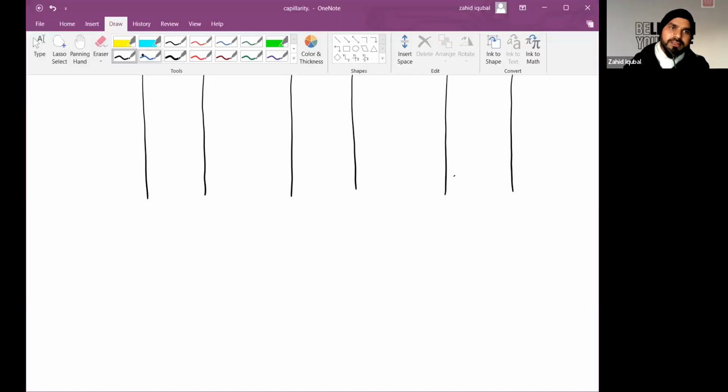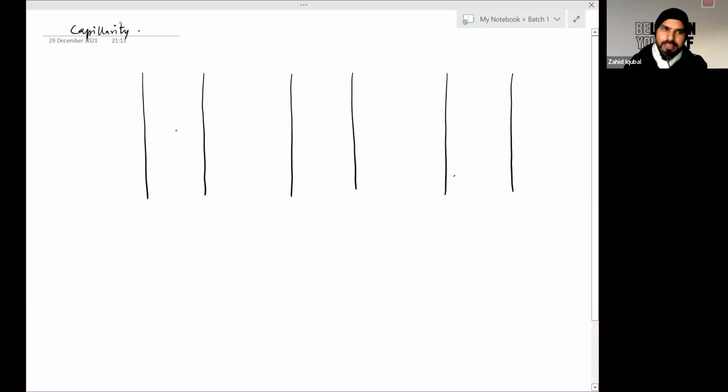In the first part, if you dip this particular capillary tube in water, the shape of the meniscus of the liquid will be like this. In the second part, if you insert a glass tube in rose water, the shape of the meniscus will be like this. And in the third part, if you insert a glass tube in mercury, the shape of the meniscus will be like this.